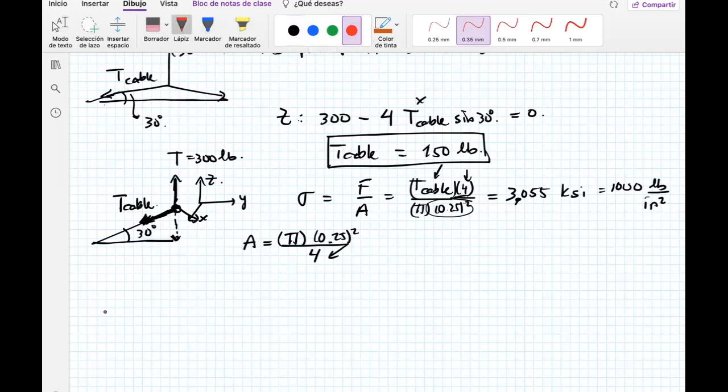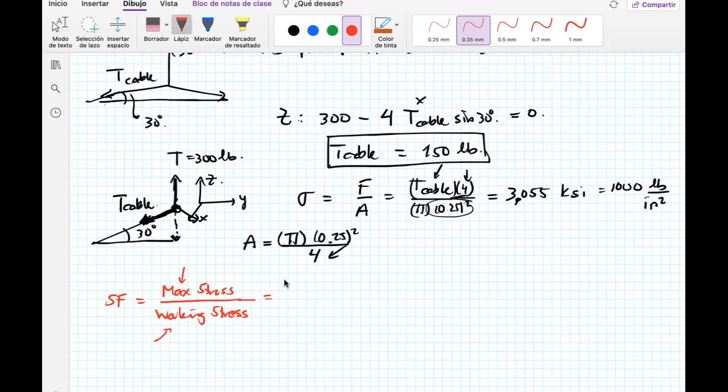Now, let's just calculate a safety factor. The safety factor has many definitions, but all of them are really related. In this case, it's the maximum stress divided by the working stress, or the current stress, or the actual stress, whatever you want to call it. The maximum stress most of the time depends on the material, and the working stress depends on the situation.